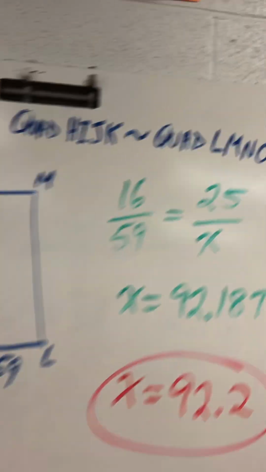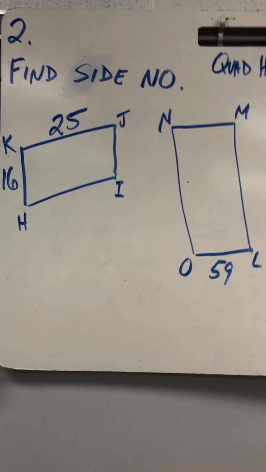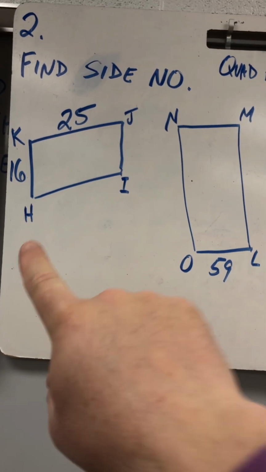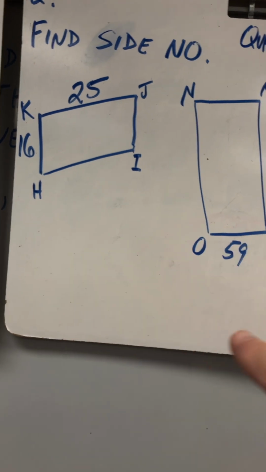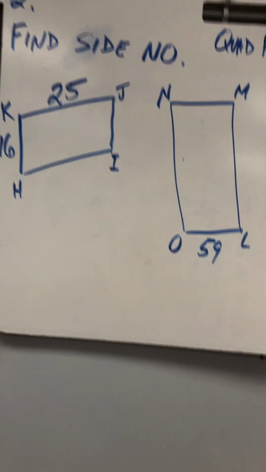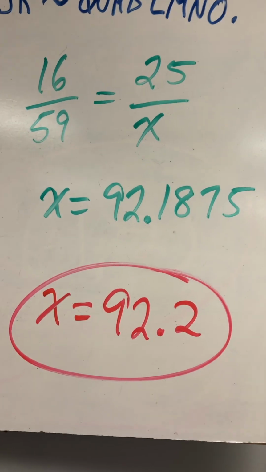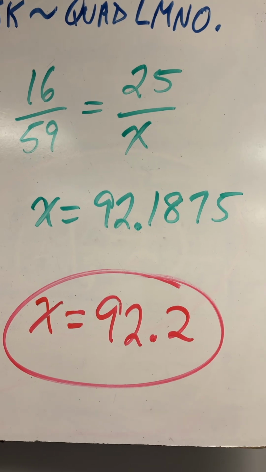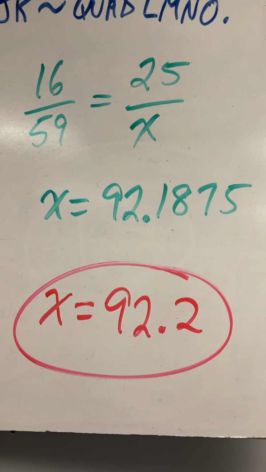So I'm going to do 16 over 59. Keep in mind also, I'm going from left to right, the left figure to the right figure. So if I do 16 over 59, then I have to do 25 over X. Okay? So 16 over 59 equals 25 over X. You get 92.1875, which rounds to 92.2.